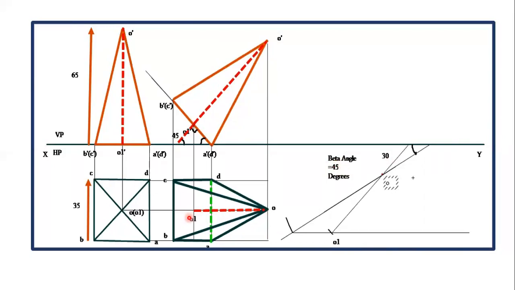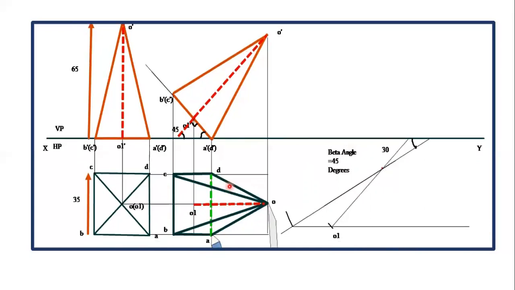Now you have to get the points A, B, C and D. So measure O to A with O as the center. Cut an arc. That is the same as O to D. Cut another arc on the other side.